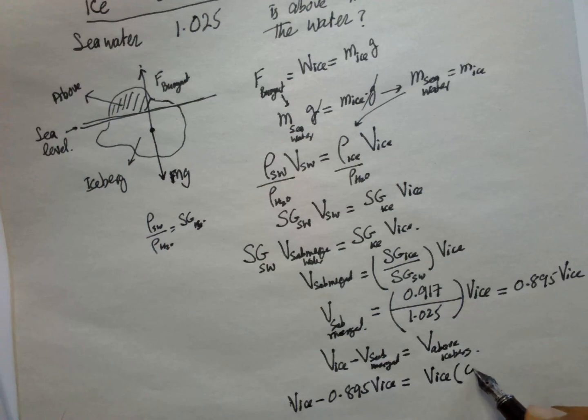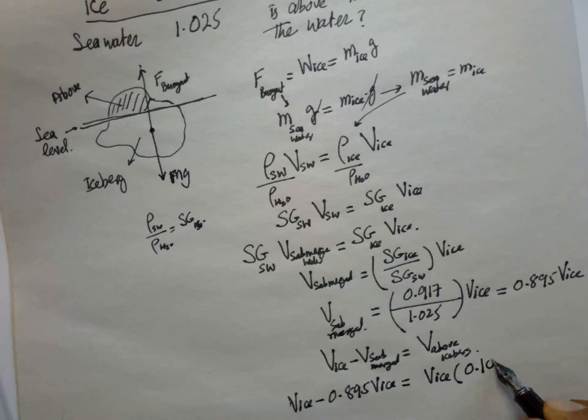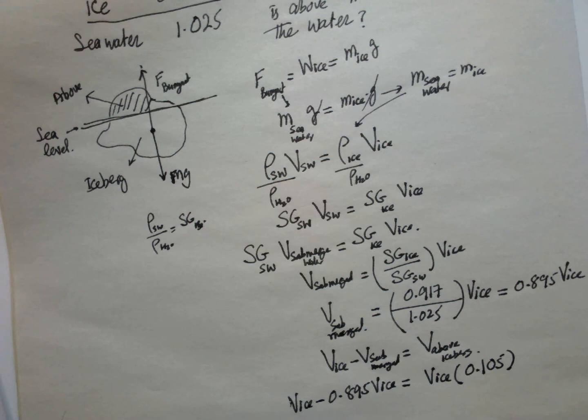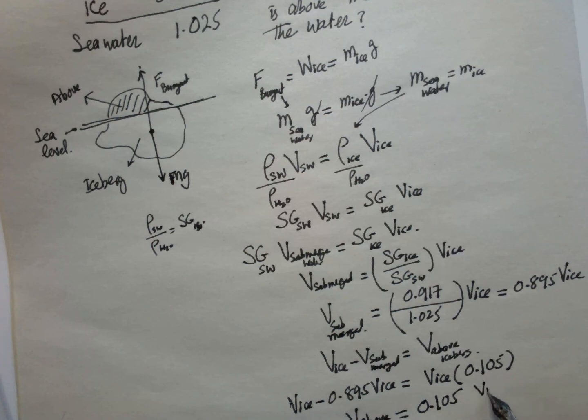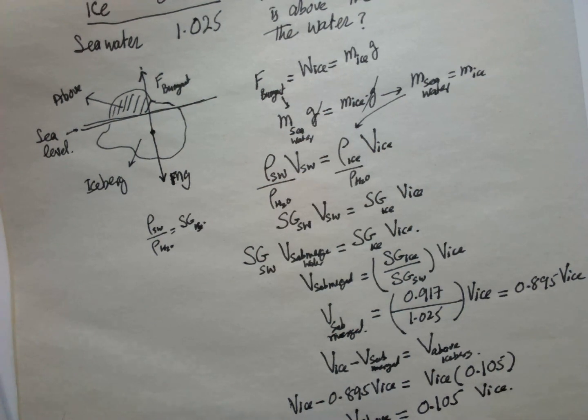So the difference is 0.105. So V, the volume above, is equal to 0.105 of the V ice. So that means 10.5% is the surface above the water.